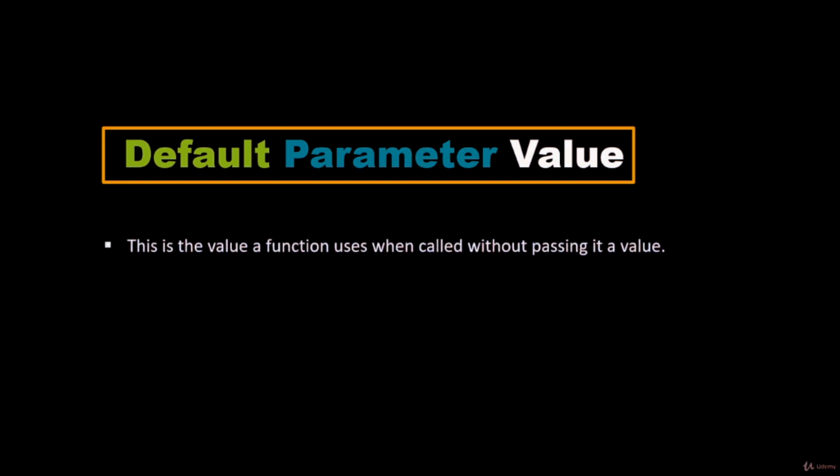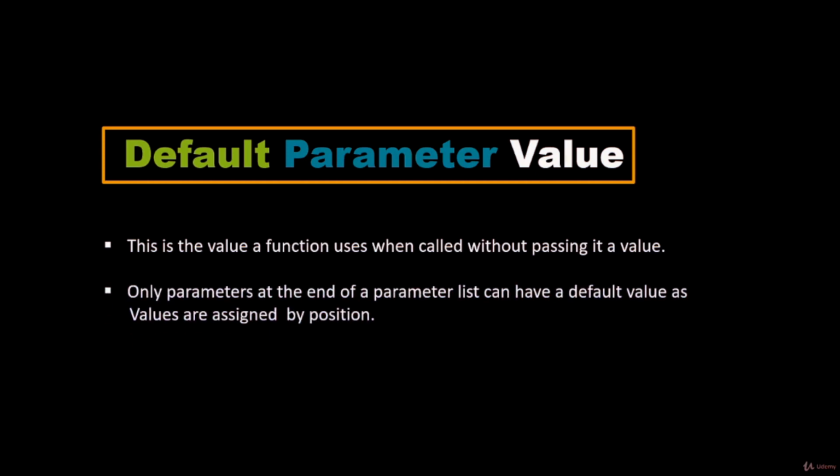What is the default parameter value? This is the value that a function uses when the function is called without passing any value to the function. Only parameters at the end of a parameter list can have a default value, as values are assigned by position.